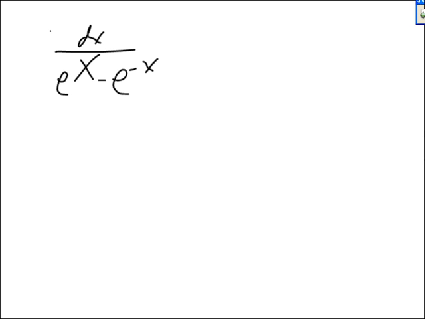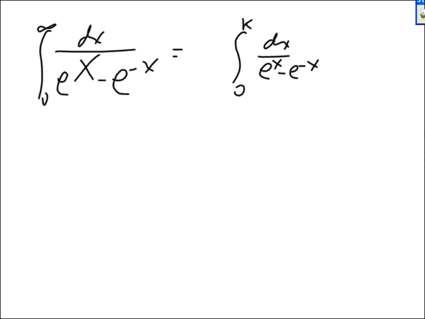You want to integrate this from 0 to infinity. Well, you can't. You can integrate this same function from 0 to k, and then let k go to infinity. Now, other than the limits, you can change this any way you want. You can make use of substitutions, etc. But in the end, k has to go to infinity.